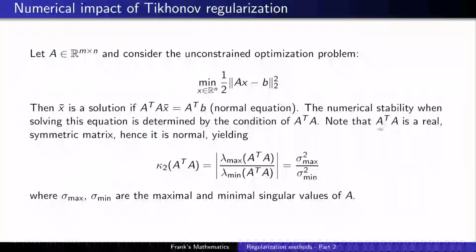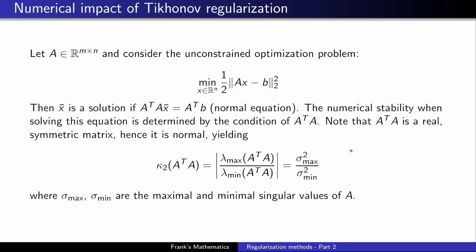And its adjoint is just the transpose here, just basic numerical mathematics. And therefore we can take a look at the condition number of A transpose A, which is just the greatest eigenvalue divided by the smallest eigenvalue. And this is just the fraction of the maximal and the minimal singular values of A to the power of 2.